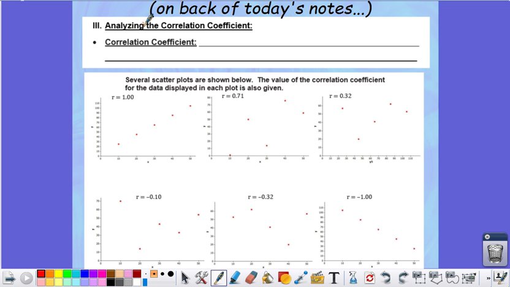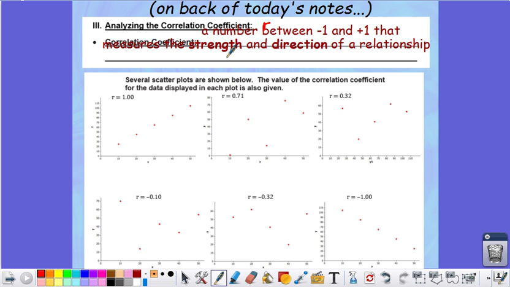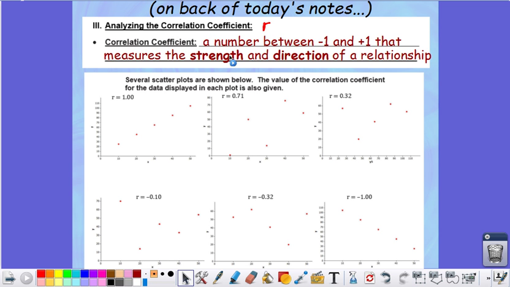Analyzing the correlation coefficient, or the R value. We use a lowercase letter r. The correlation coefficient, as we said in class today, is a number between -1 and +1, so any decimal or fraction between -1 and +1, including 0, that's going to measure the strength and direction of a relationship.